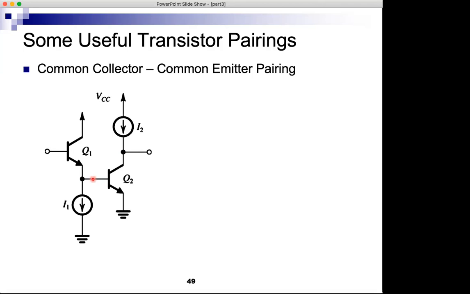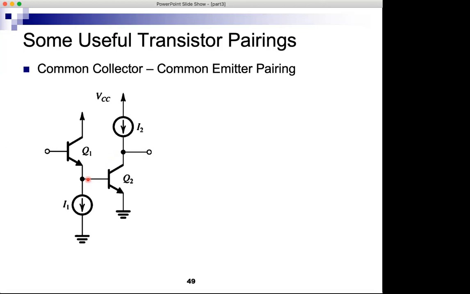Why is that? Because here I have the resistance looking into the emitter of Q1, and a few slides back, we mentioned that this is a very, very small resistance. So if I'm looking back into the emitter of Q1, I see a very small resistance. And CMU sees an RXY, which is this resistance plus gm2 times this resistance times this resistance.